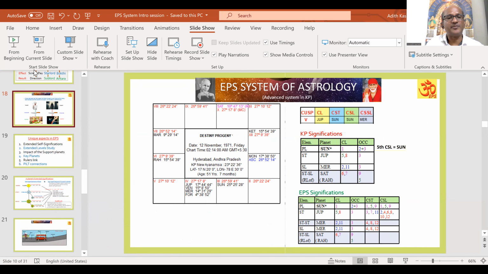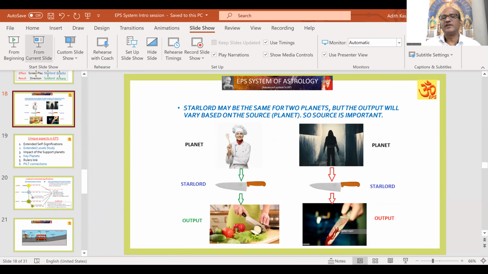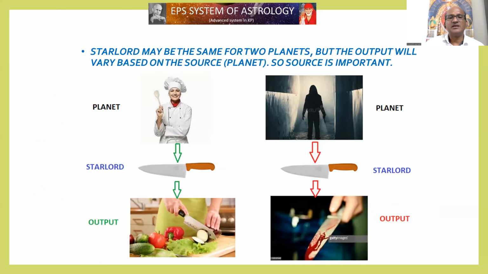Yes. For example, take the Star Lord as a knife. I said road before, now I am taking it as a knife. The planet is, for example, a cook, and here the planet is, for example, a thief or murderer. The planets are different, their source is different, but the Star Lord is the same.